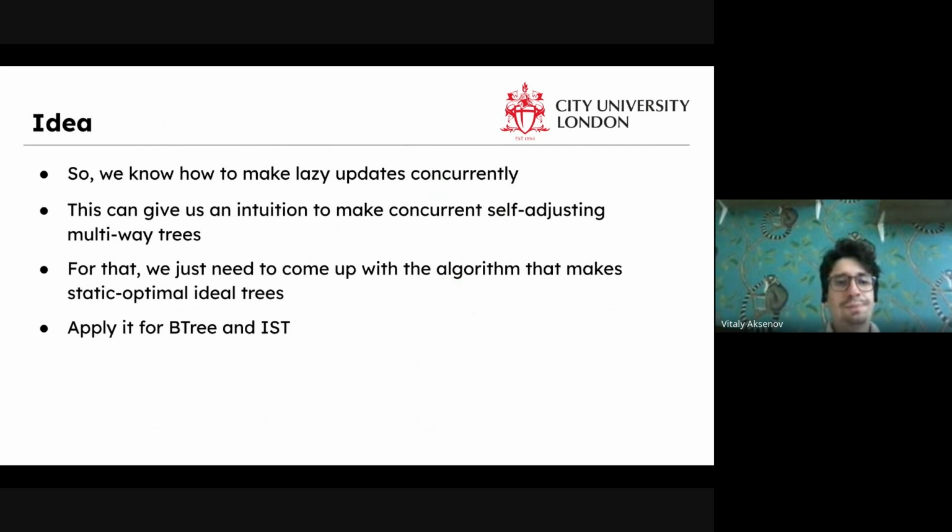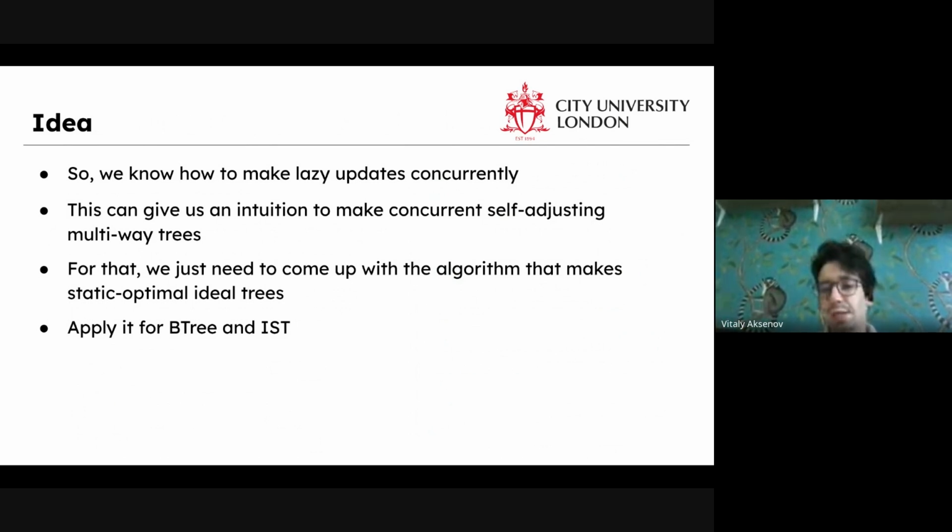This can give us an intuition on how to make concurrent self-adjusting multi-way trees. Insertions will be the same, everything will be the same. We just need to come up with an algorithm that makes static optimal ideal trees, and that is it.